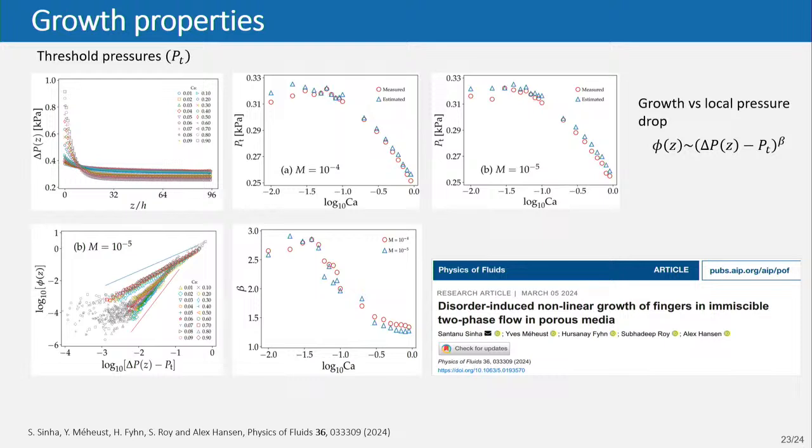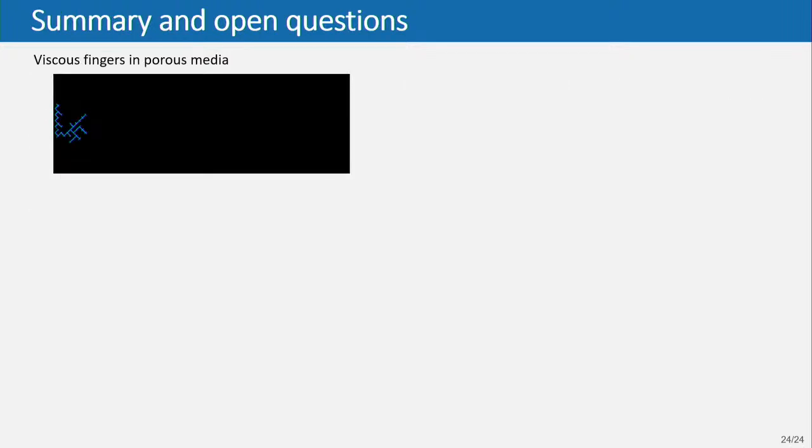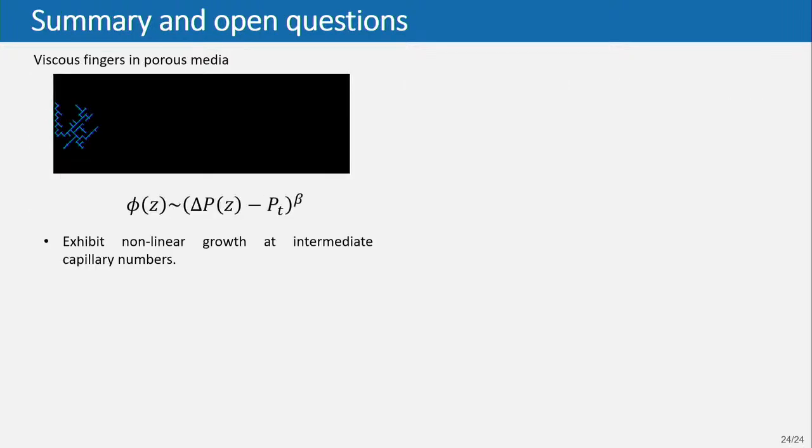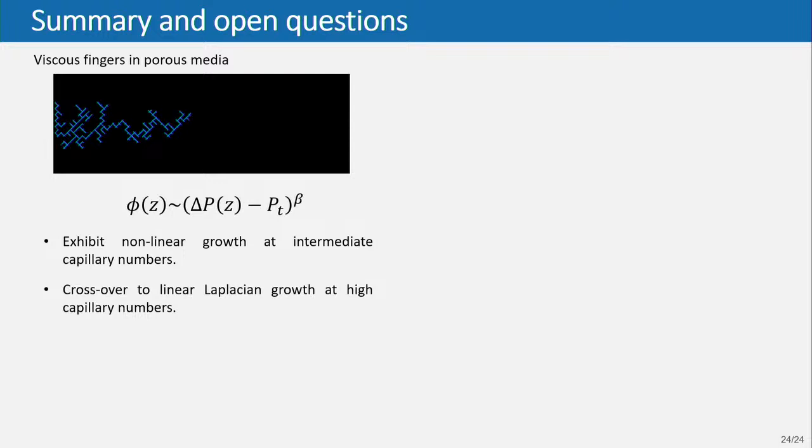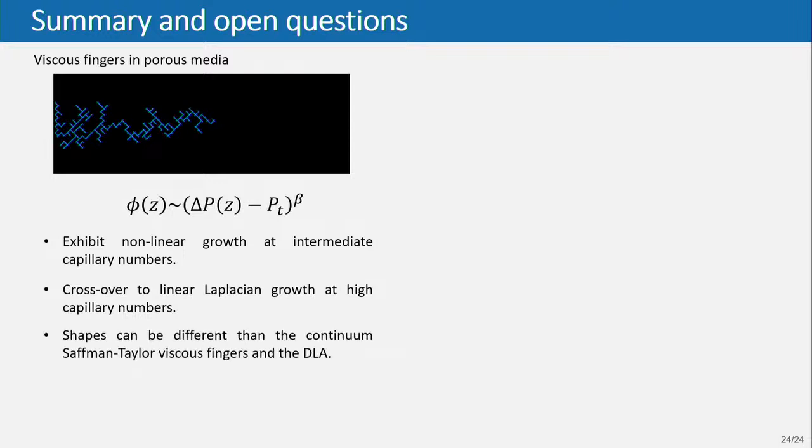Okay, so that's all. This is a quick summary. So we studied viscous fingers, which show nonlinear growth at low capillary numbers, and then cross over to Laplacian growth at high capillary numbers, and also the shapes can be different from the Saffman-Taylor fingers or from DLA. And some open questions.